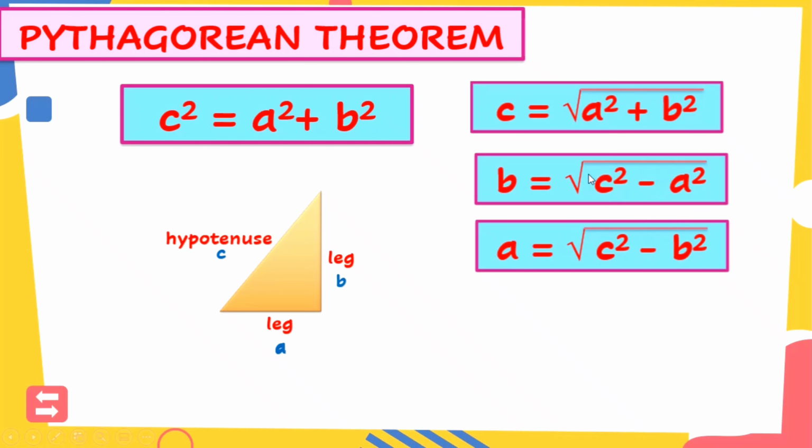I-minus mo yung square ng hypotenuse dun sa isang leg na square, then get the square root. So, ganun din dito sa A. Kung A naman ang hinahanap, i-square mo yung hypotenuse, tapos i-minus mo sa square ng B, then get the square root. Para makuha mo yung mga parts ng ating right triangle.